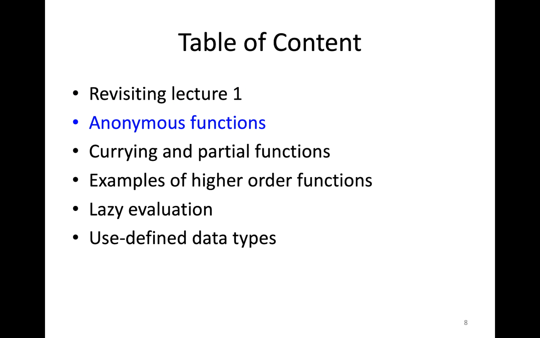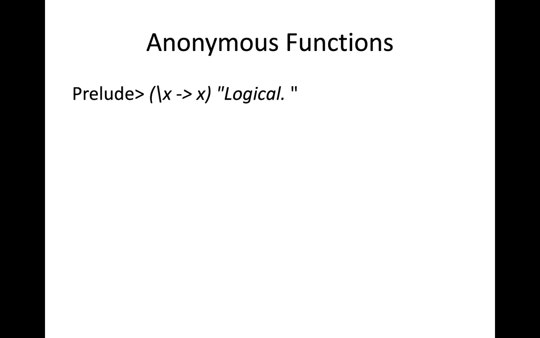Now let's talk about anonymous functions. We already saw this in Scala, a similar concept. Here the first thing to notice is that this is the way to denote an anonymous function. Within this pair of parentheses, we have this anonymous function which starts with a backslash and then the parameter of the function.